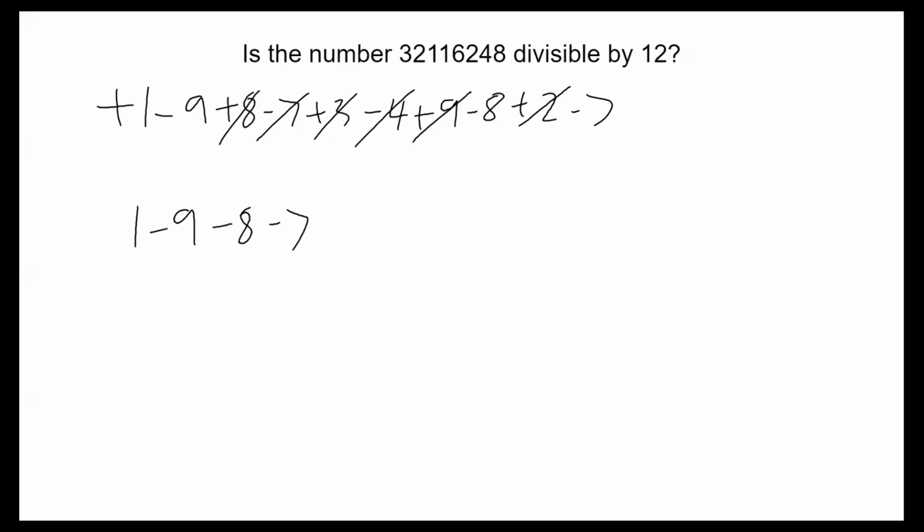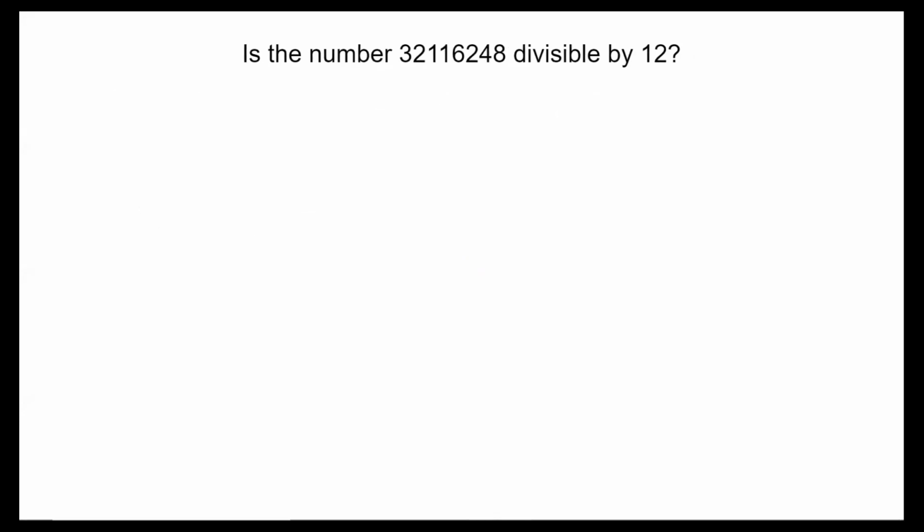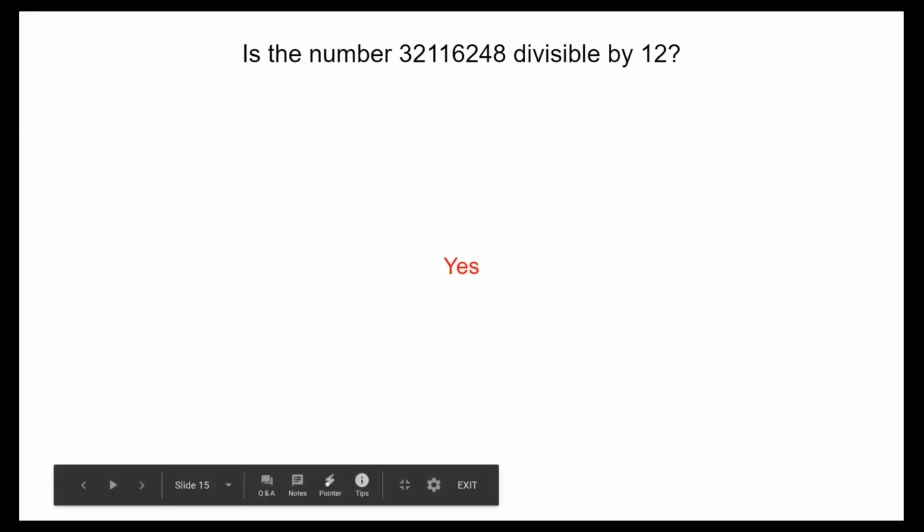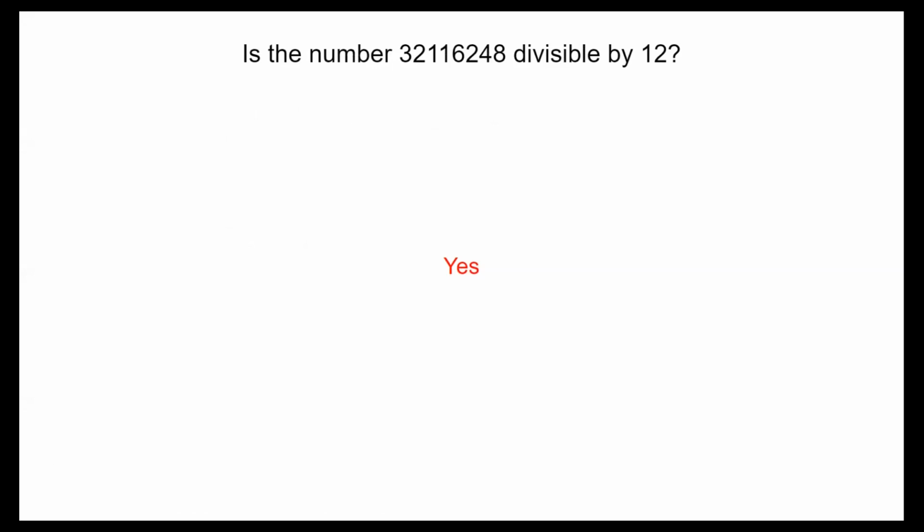Okay, next problem. Is the number 32116248 divisible by 12? To check if something is divisible by 12, we have to break 12 down into its factorization. 12 is equal to 2 squared times 3. So we basically need to check if it's divisible by 4 and 3.